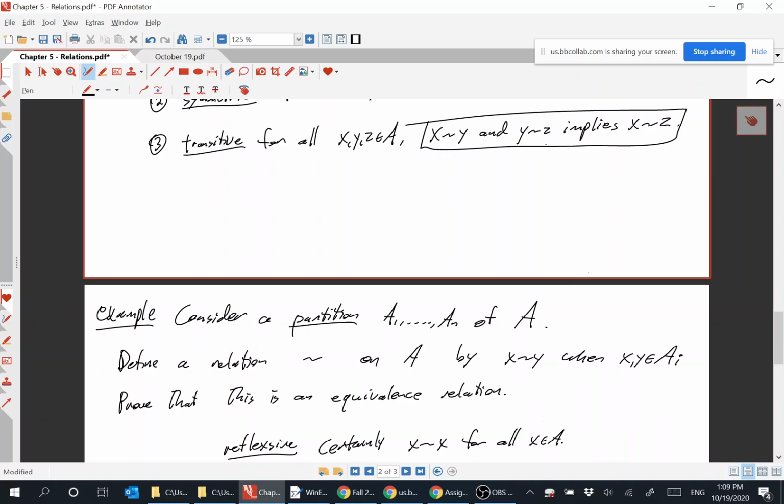So it's an implication statement. P and Q implies R. So we want to prove P and Q implies R. First sentence, you've got to give away one of 3 things: direct proof, contrapositive, or contradiction.